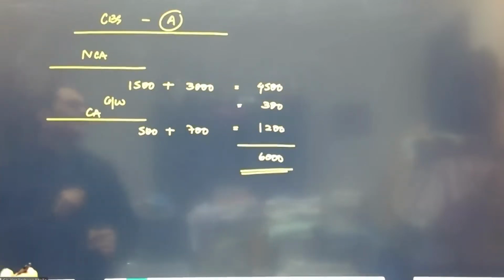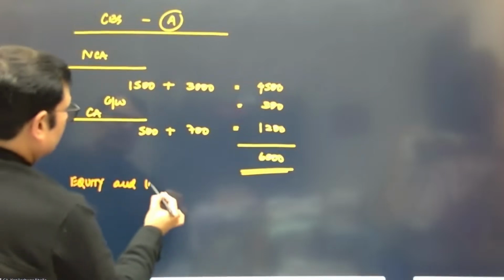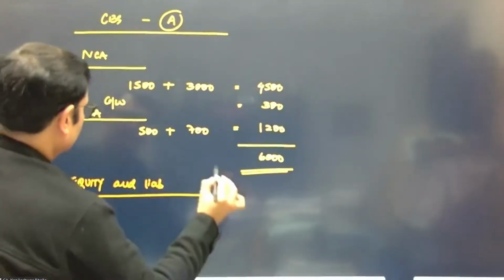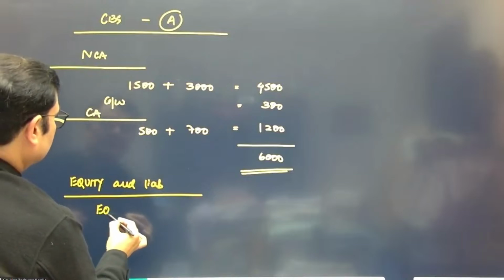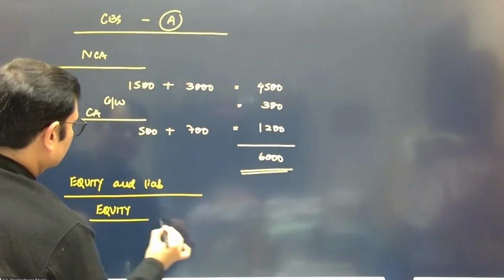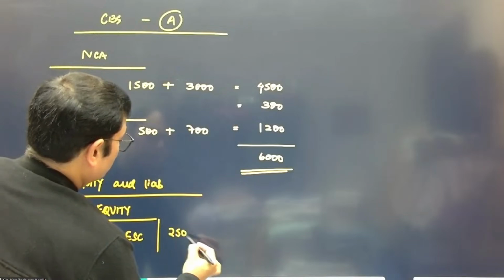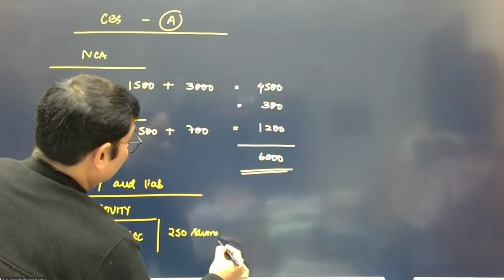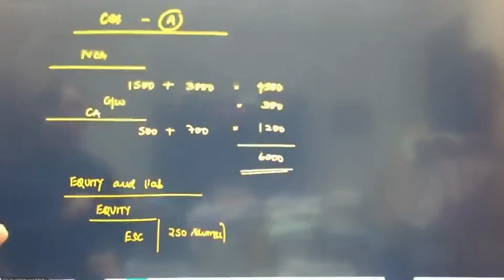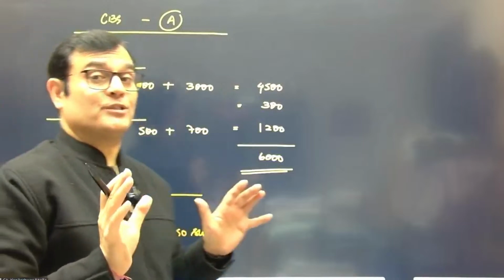Then we can also see the liability side of the balance sheet. Let's see what is the status on the equity and on the liability side. As far as the equity is concerned, we're going to consider the equity share capital. When you're going to show the number, we've already said we will show the number from the legal acquirer perspective. There is 250. Amounts are to be taken from the accounting acquirer.